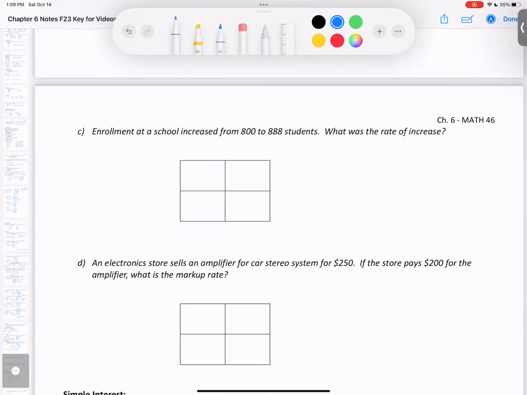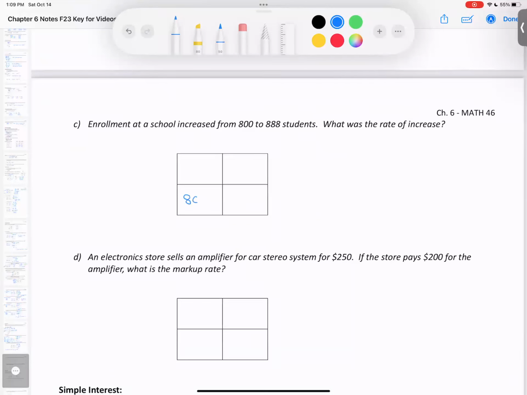All right, let's look at these two problems together now. So C, we have enrollment at a school increased from 800 to 888 students. We want to know the rate of the increase. We had 800 students originally, now we have 888, and we want to figure out what percentage of 800 is 888. So we're going to have x as our rate and 100 down below. When we set up our fractions, we've got 888 over 800 equals x over 100.